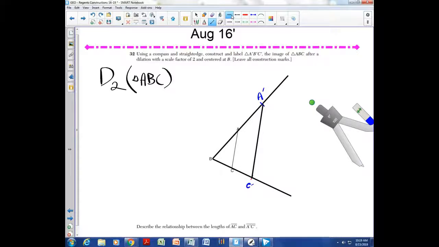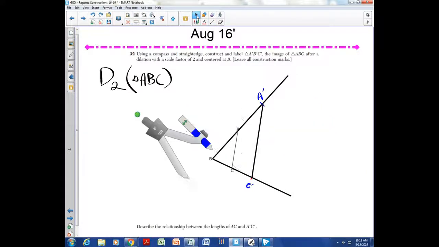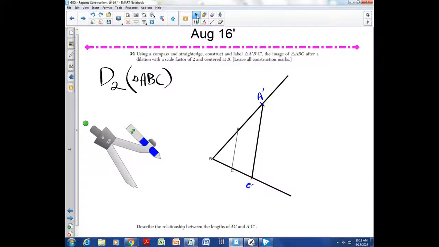Now, the second part of this question says, describe the relationship between the lengths of AC and A prime C prime. Well, it's very easy to remember that whatever the scale factor of a dilation is, the lengths of the new triangle will be exactly in that ratio. So a scale factor of 2 really means that all the sides of the new triangle will be twice as long as their original.